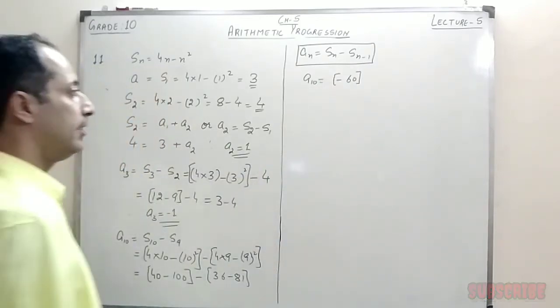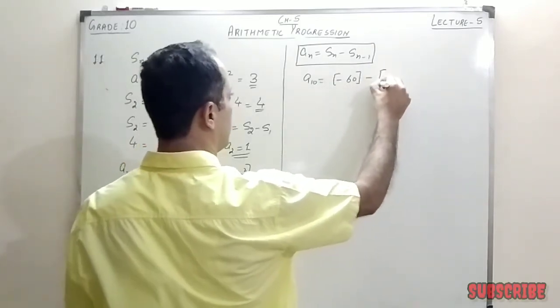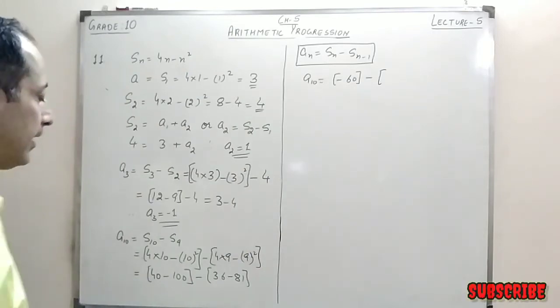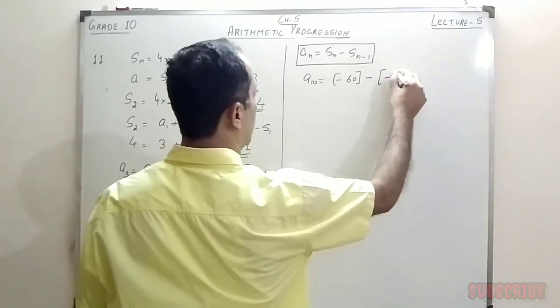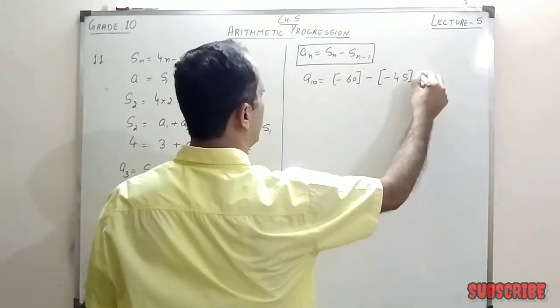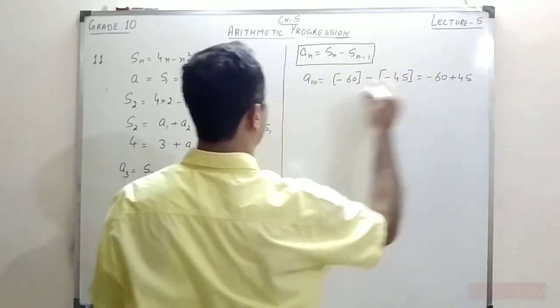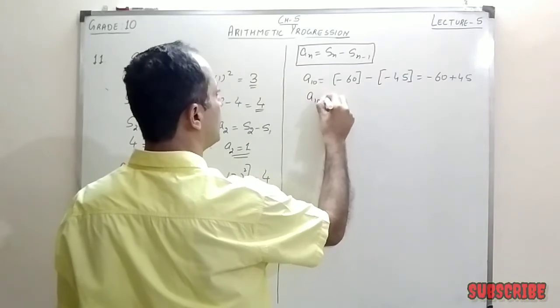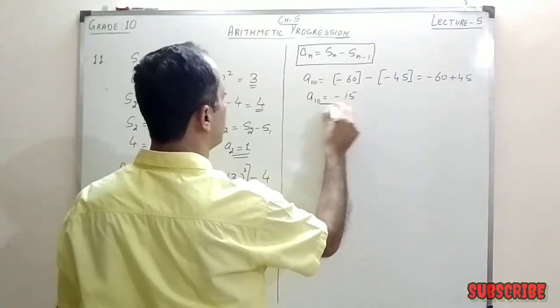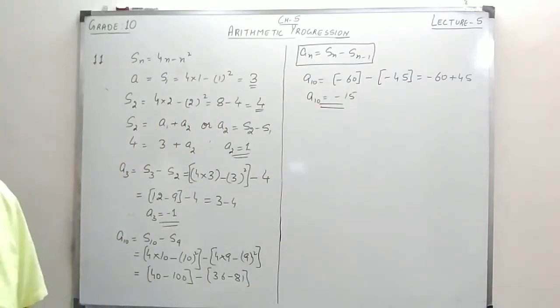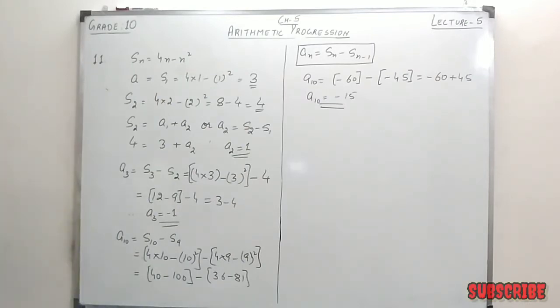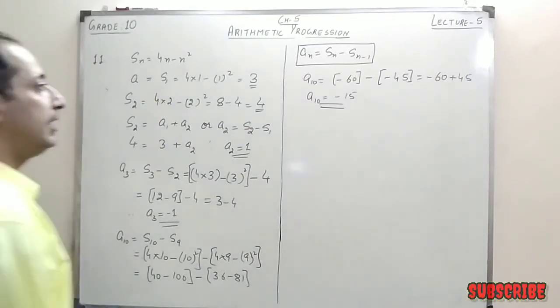So A10 is minus 60 minus, and what I get here is minus 45. Now when I open the bracket, this is minus 60 plus 45 and the value of A10 comes out to be minus 15. Right?